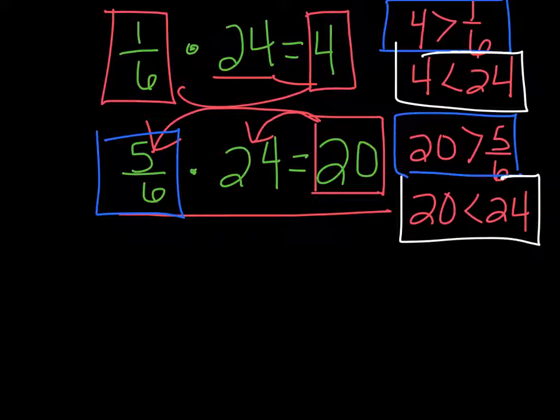One more time. Whenever you multiply a whole number by a unit fraction or a non-unit fraction, the product will be greater than the fraction, but less than the whole number.